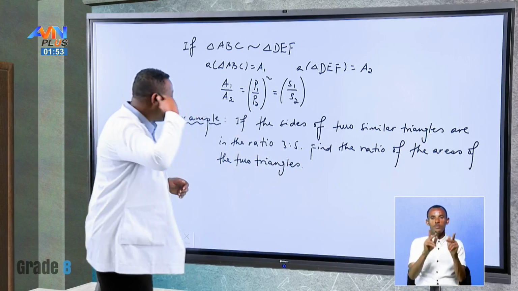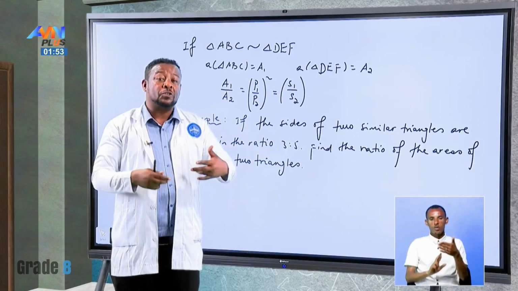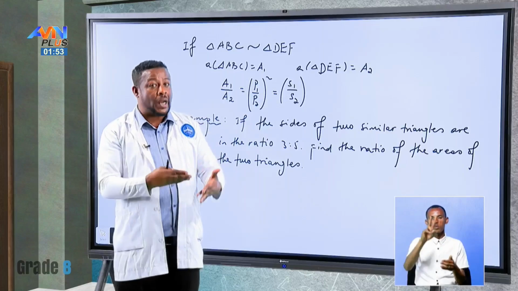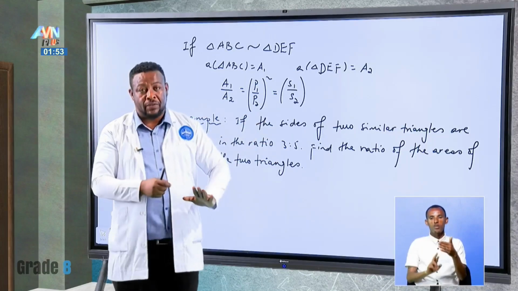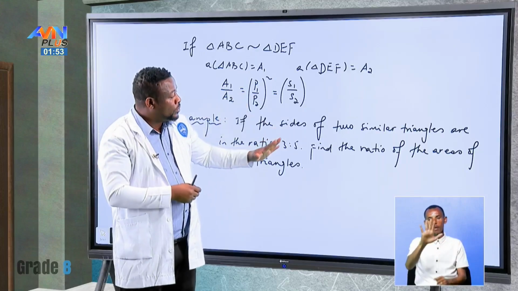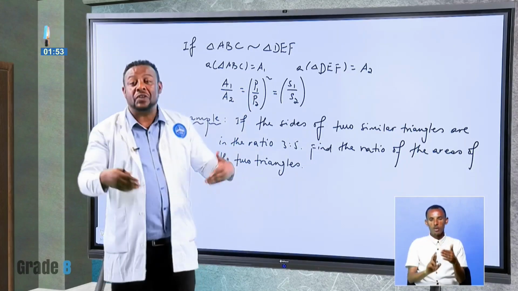Here, what is given? The ratio of the corresponding sides of two similar triangles is given, which is 3 to 5. So what is the ratio of the areas of the two triangles?